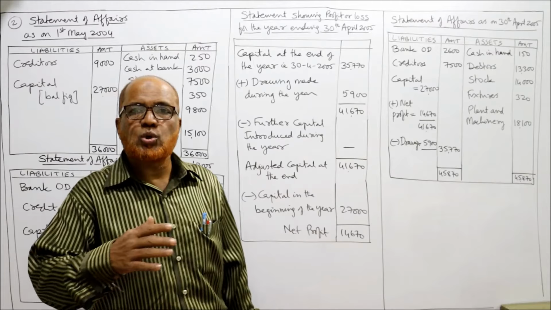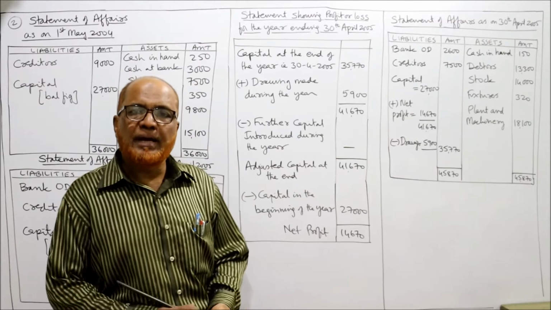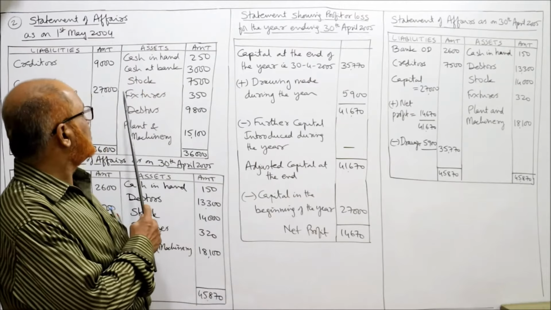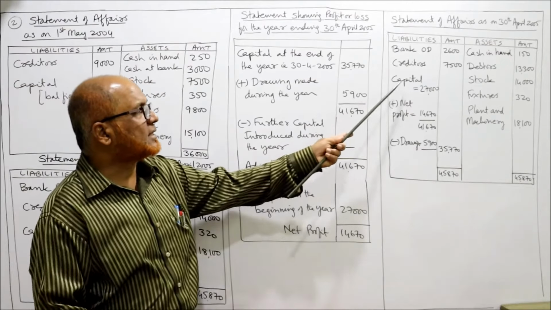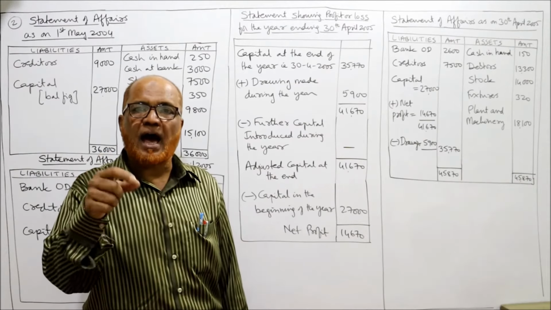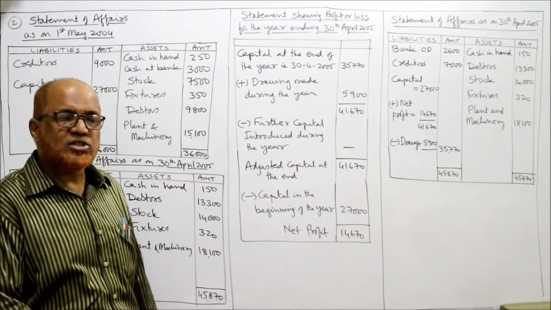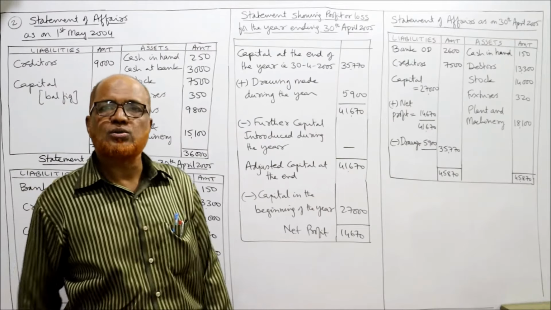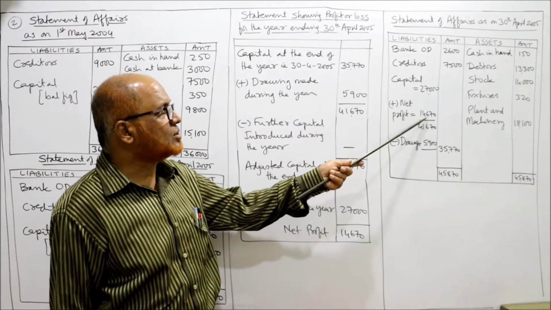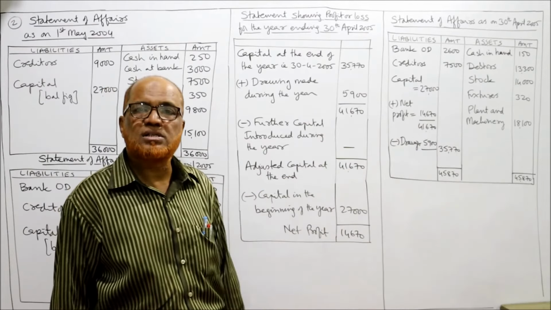Now I will show the elaboration of capital, how the capital we got. Beginning of the year, how much was the capital? 27,000. So capital at the beginning of the year, 27,000. To this capital, we add the net profit. How much net profit we got? 14,670. So add up 14,670, 27,000 plus 14,670, 41,670.